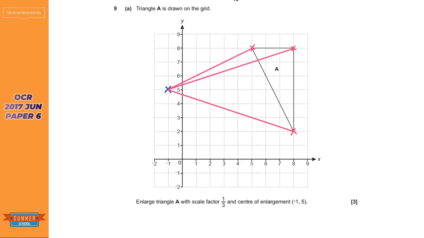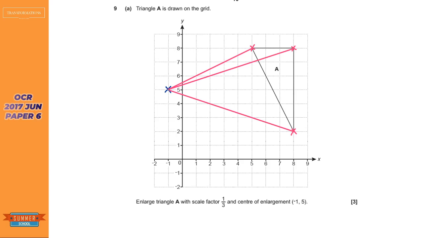So the distances that are on there now, we're only going to plot a third of that. And there is an easy way of doing this, especially when it lines up nicely: you go from the centre of enlargement to each point and you count how many squares you go to the right, how many squares you go up, right?